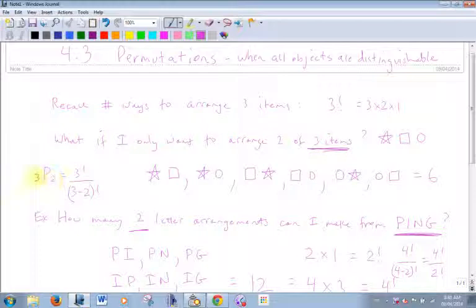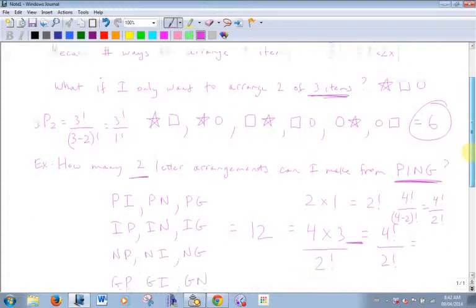I'm going to arrange 2 of 3 items. N factorial over n minus r factorial. And what's 3 minus 2? 3 minus 2 is 1 factorial, which is just 1, which is just 3 factorial. So again, I have 3 times 2 times 1, which is 6. Okay? So that's kind of where it comes from.